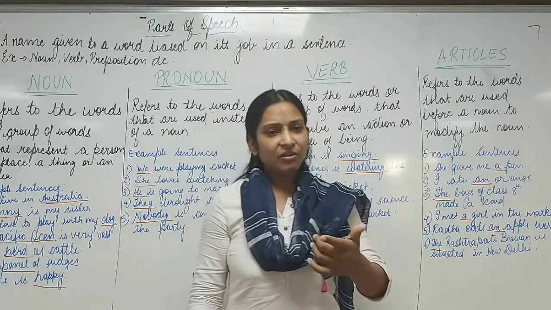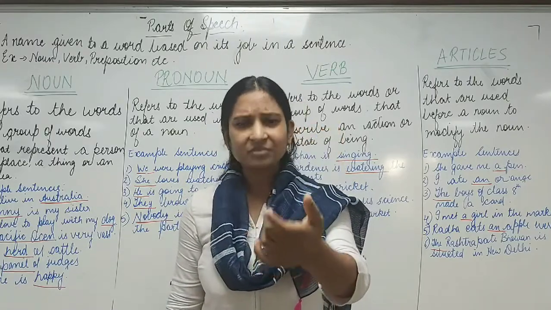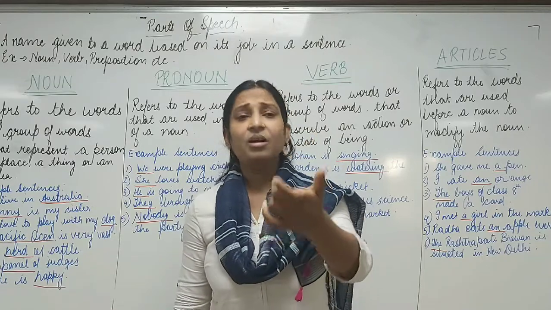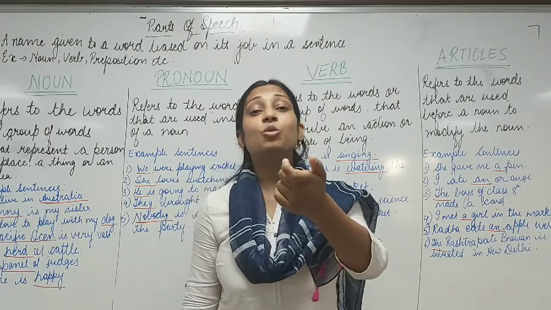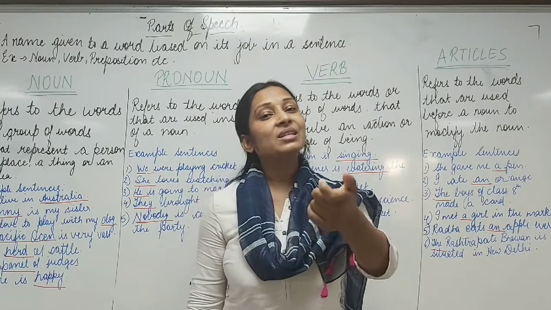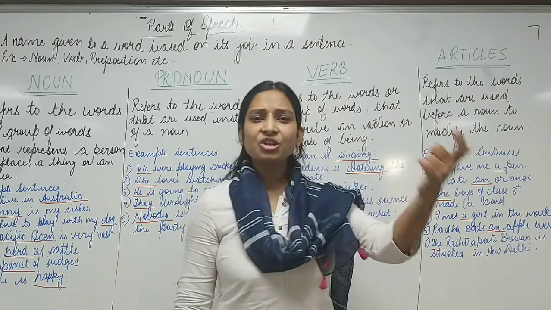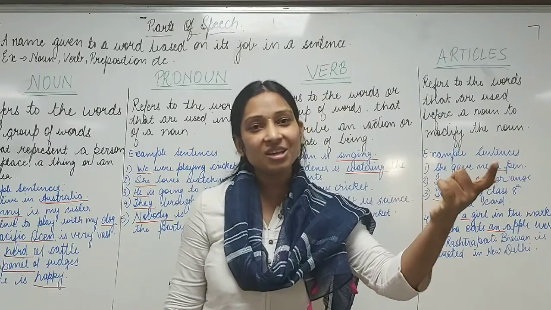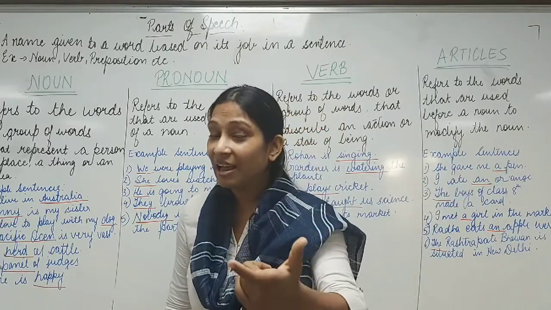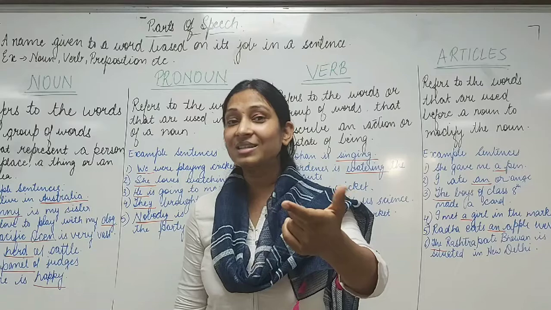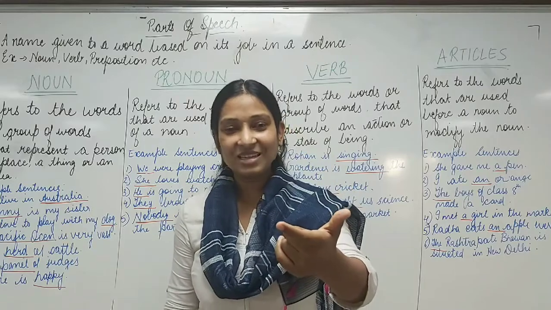The name that we assign to the particular job of a word is known as part of speech. If I am telling you an action word, singing. Clear? What is singing doing? It is denoting an action. So we assign the name verb to it. Sakshi is going to market. Sakshi is the name of a girl, and what do we call the naming words? Noun. Getting me?